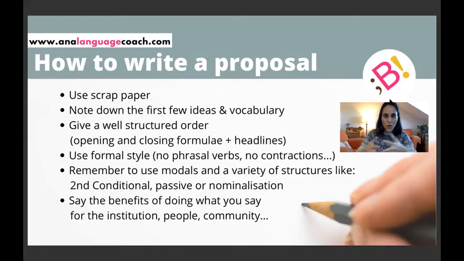If you want to know more about nominalization, you know that you have in my drive a lot of information, and I also teach how to use these structures in my private lessons. So say the benefits of doing what you say for this institution, people, and community. So this is a proposal, remember it.